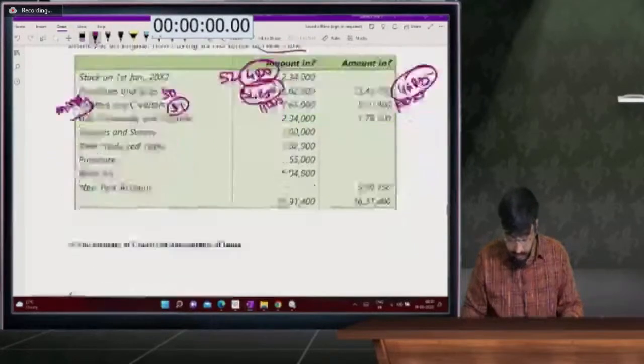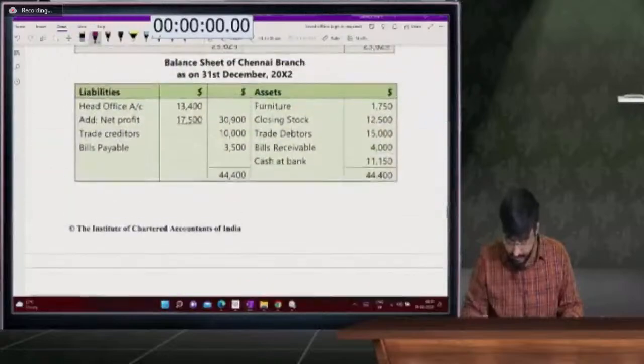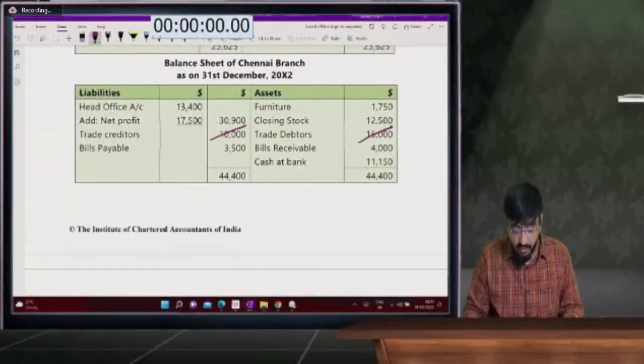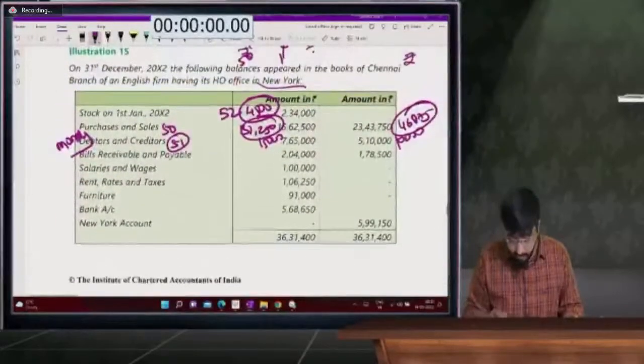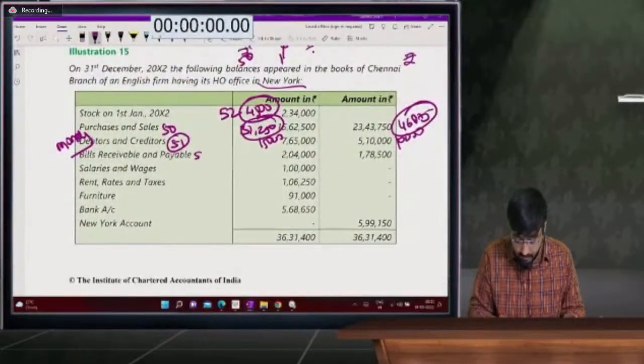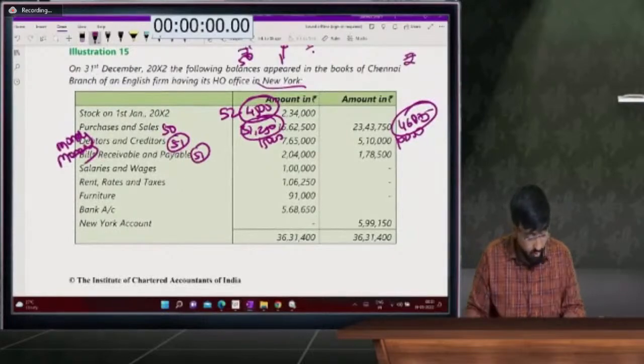So 15,000 debtors on the asset side and 10,000 on the liability side. That posting is very easy. Bills receivable again divided by 51 because it's a monetary item.